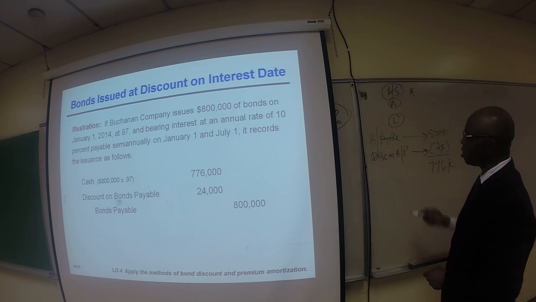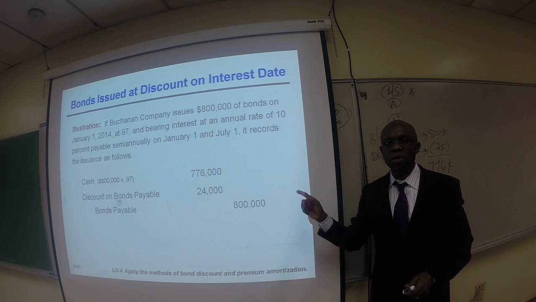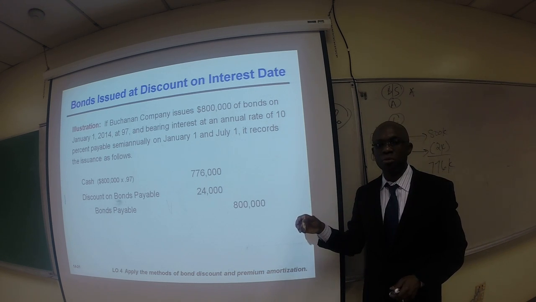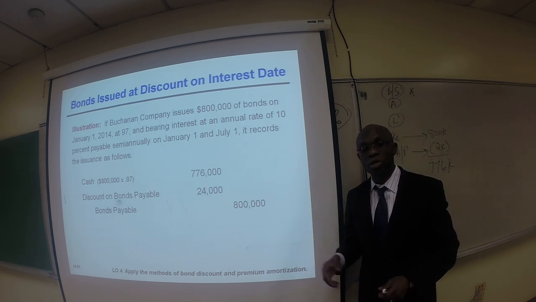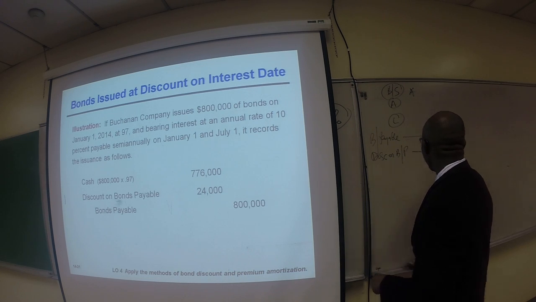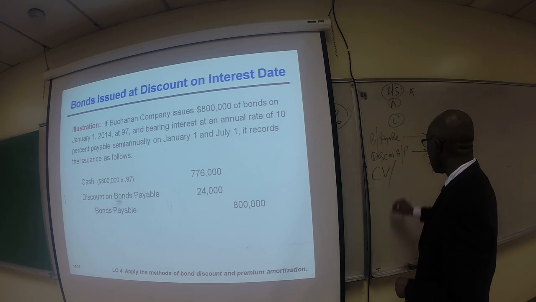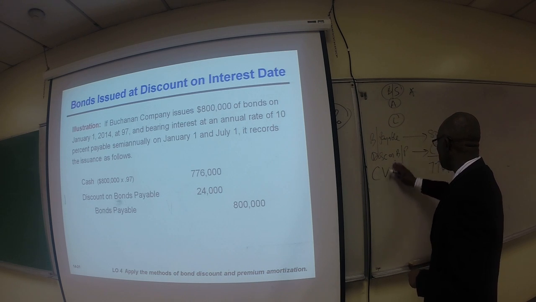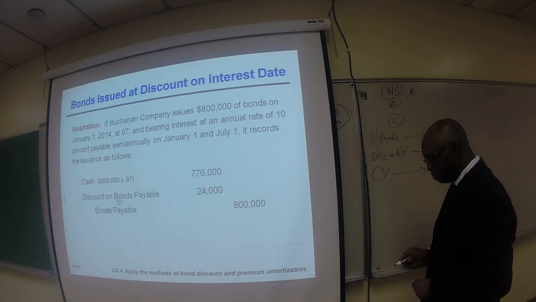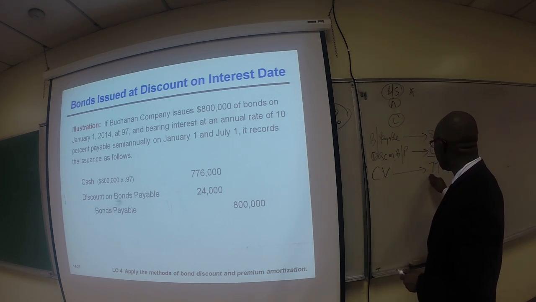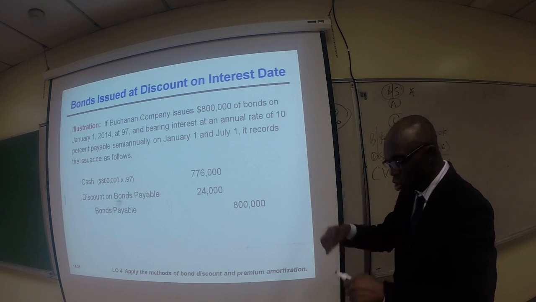On day one, as you can see, we received $776,000 from the investor or from the bondholder. On day one, we are also obligated, we call this 776 carrying value. We are obligated to pay the bondholder only $776,000 on day one.